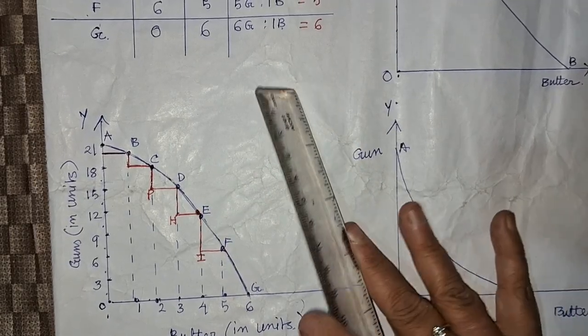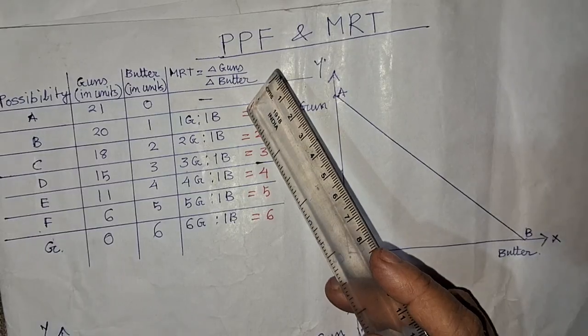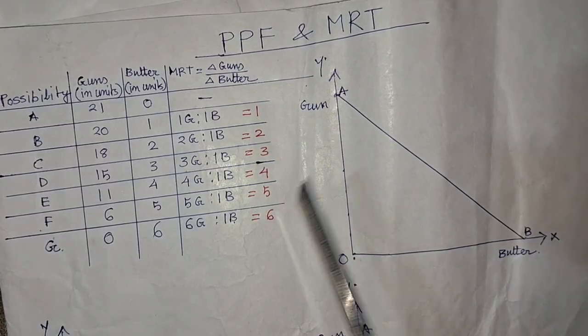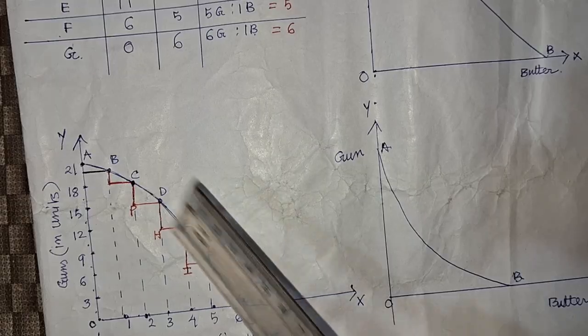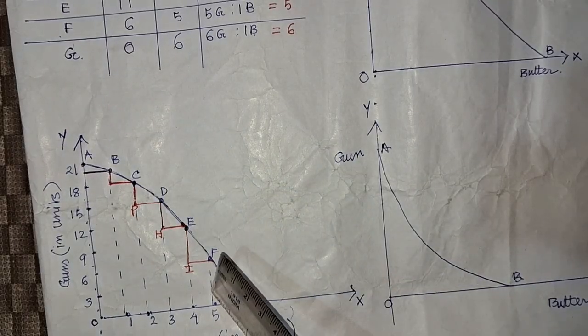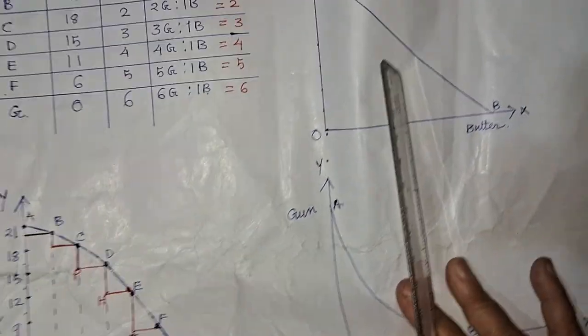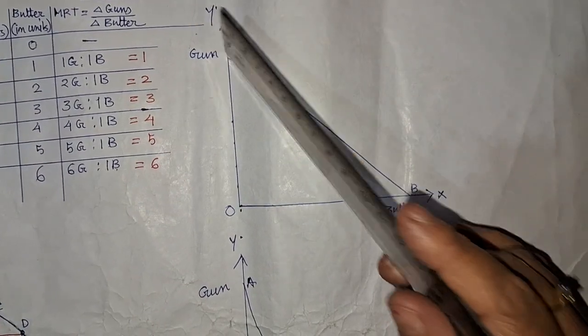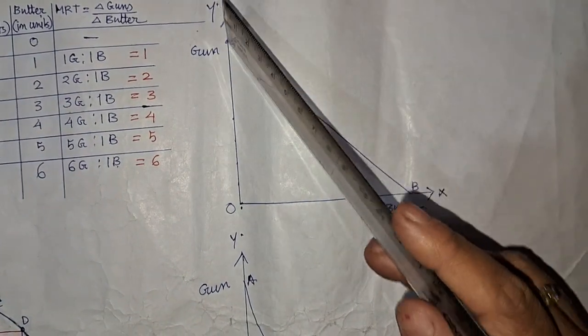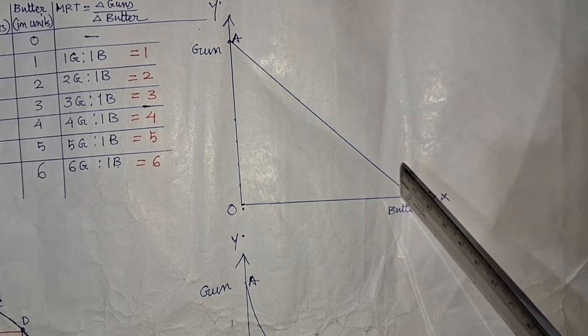So in this way we can see that the MRT is increasing, that is, the slope of the PPF is increasing, and that's why the PPF is a concave curve. But considering the other possibilities of the PPF, can it be a straight line? If the MRT is fixed, then it can be a straight line.